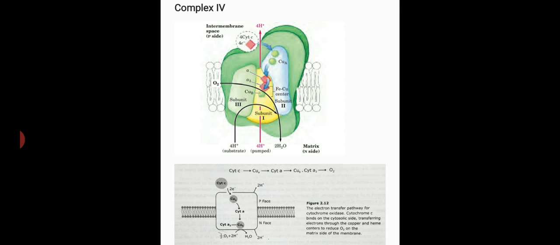These 2 copper centers are designated as A and B. The copper A center contains 2 copper ions linked by 2 bridging cysteine residues. The second center, copper B, is coordinated by 3 histidine residues.